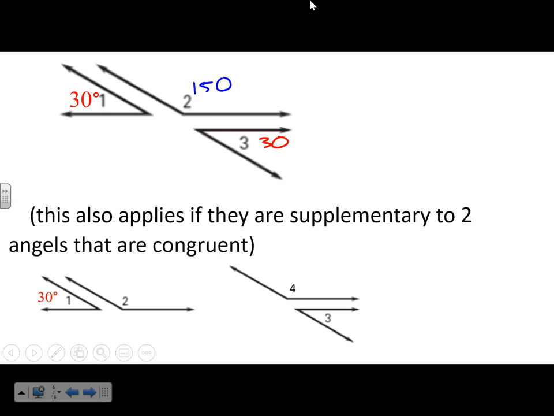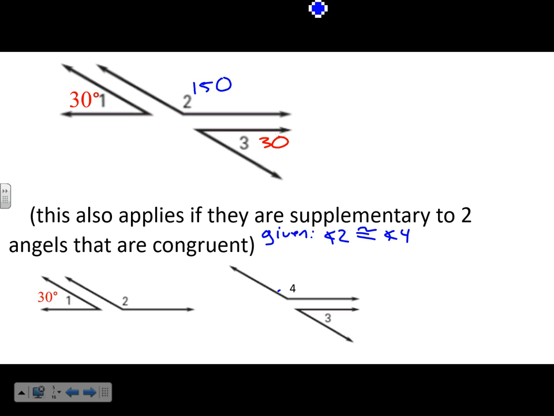Now, that's the most important part of the congruent supplements theorem. But the secondary part of that is this also applies if they are supplementary to two angles that are congruent. So just really quick, before I start, this is the given. Let's say I'm telling you that angle 2 is congruent to angle 4.